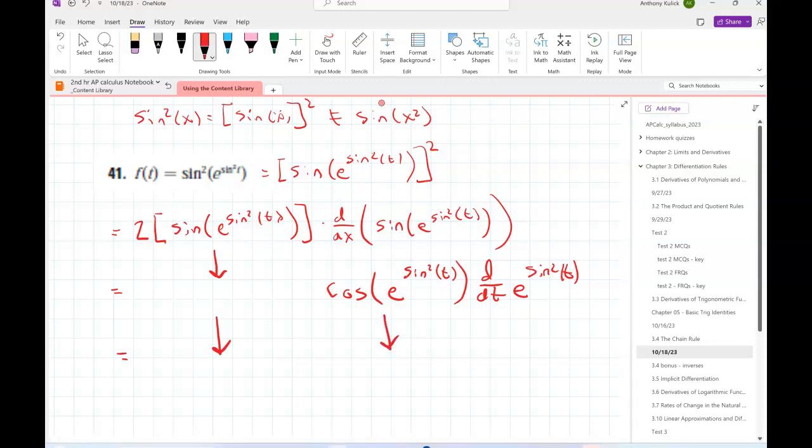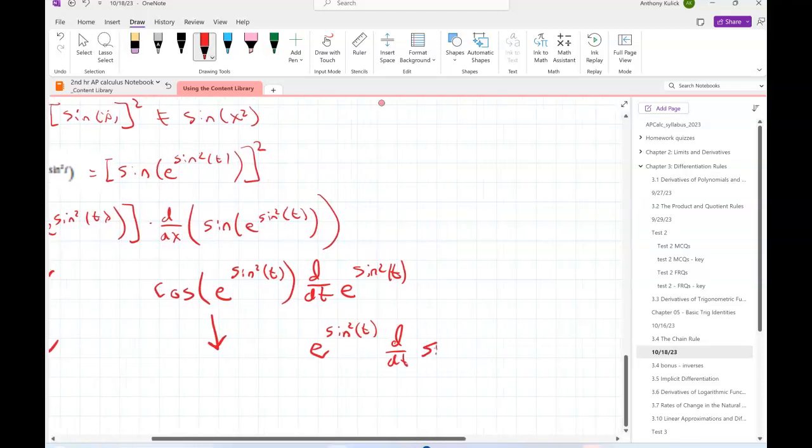To do the derivative of e to the sine squared t, that requires a chain rule. What is the outer function there? E to the x. The derivative of e to the x is just e to the x, and then I have times the derivative of the insides.